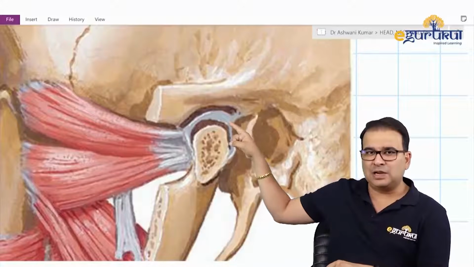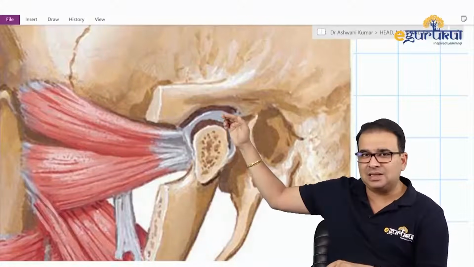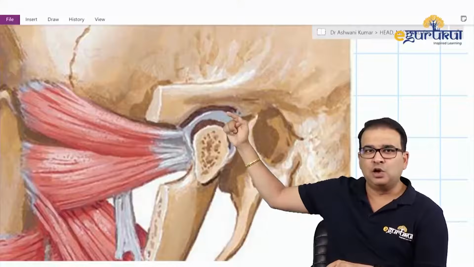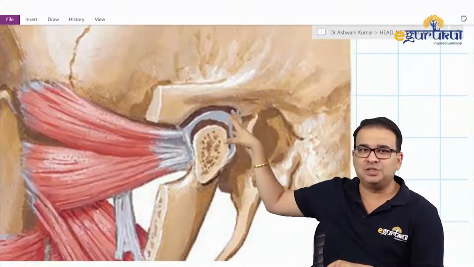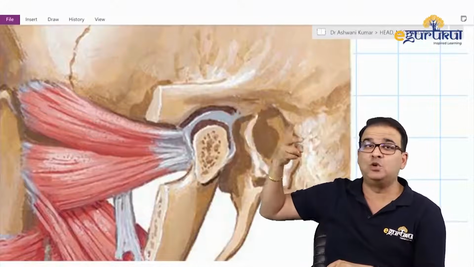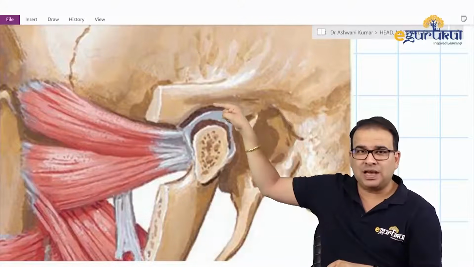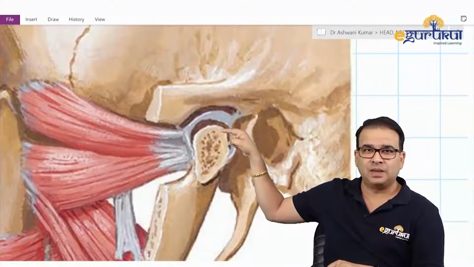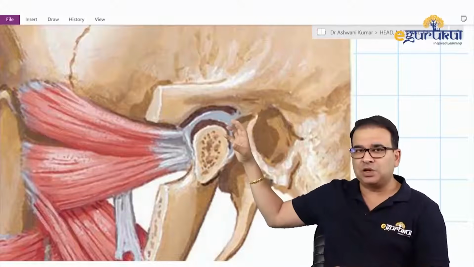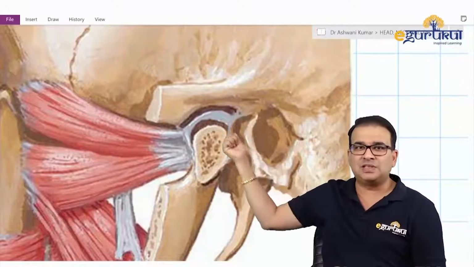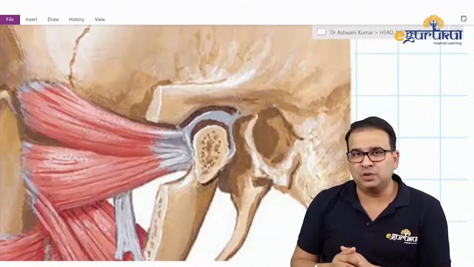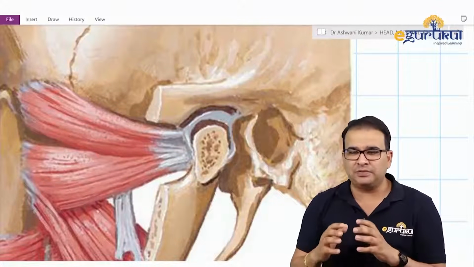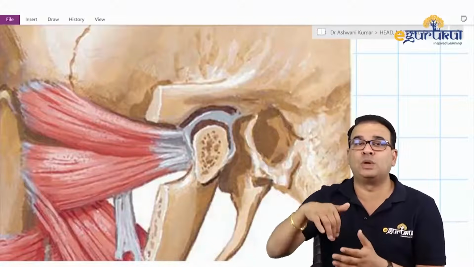And the thing about this articular disc is that it is neither attached to the head of the mandible nor to the mandibular fossa. Therefore, it divides the temporomandibular joint cavity into two parts. So now we have a superior joint cavity and an inferior joint cavity, which is an advantage because now you can use both surfaces of this articular disc for articulation. Both surfaces can be used for articulation, and that's why the frictional forces are not working on only one surface.